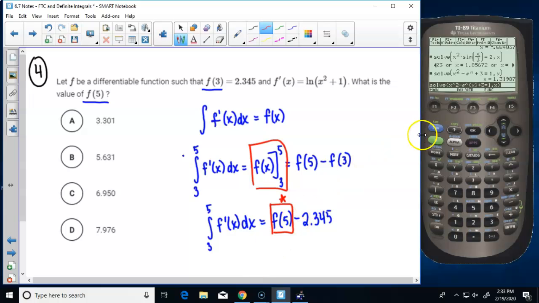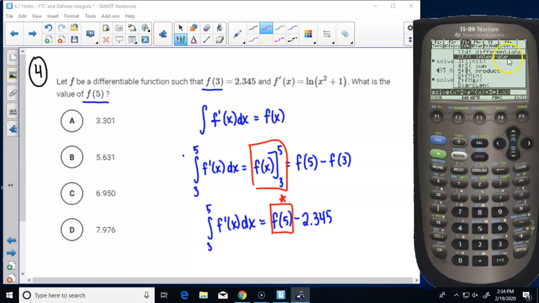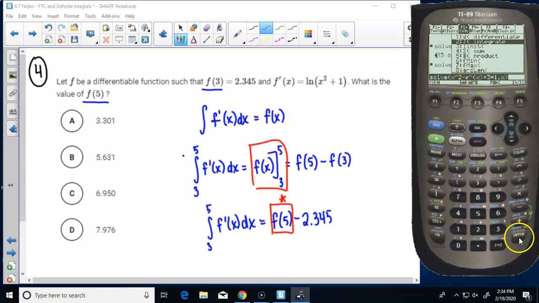Okay? So if you will press F3, the second thing that you see there says integrate. So on your calculator, if you press F3 and enter, you've got the integral symbol there. We're going to type the equation for natural log of x squared plus 1.